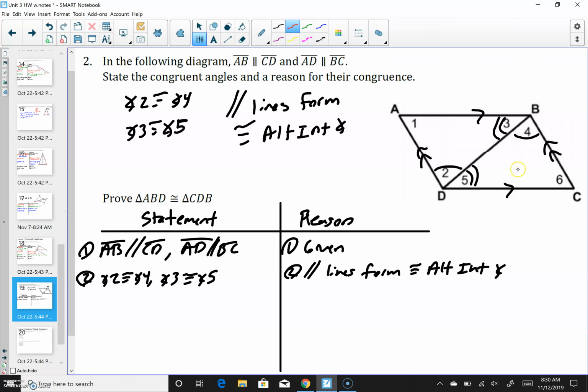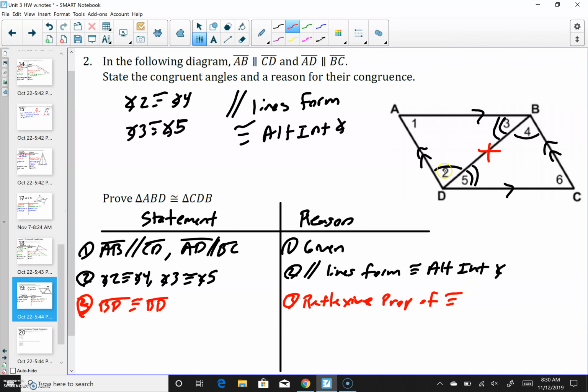Well, if we look at our two triangles, we have two angles in each, but we also have our reflexive piece. So step 3, BD is congruent to BD. Reflexive property of congruence.